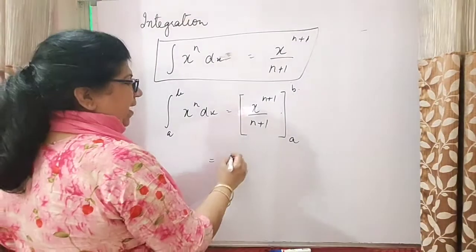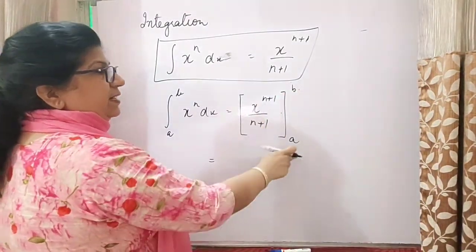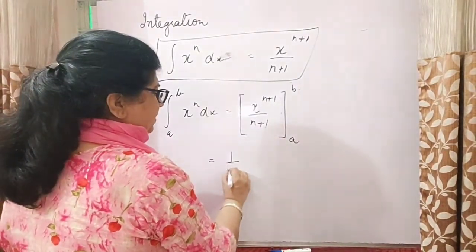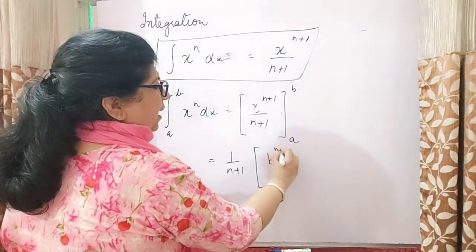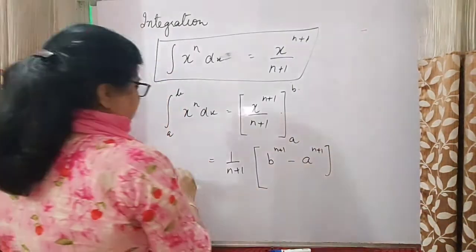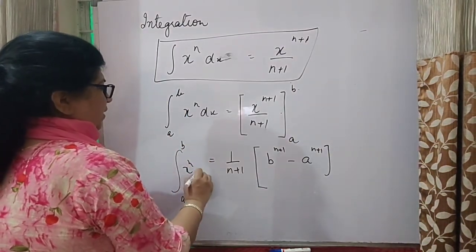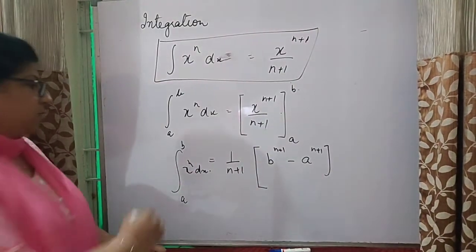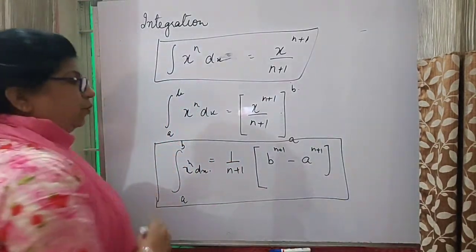We solve it by writing, in place of x, the value of the upper limit, then we minus it and we write the value of the lower limit. यानी कि n plus 1 को हम common ले सकते हैं बाहर, and here x की जगह b to the power n plus 1 minus a to the power n plus 1. This gives you the solution for a value having both upper limit and lower limit. So you can take this down in your copy and note it somewhere.